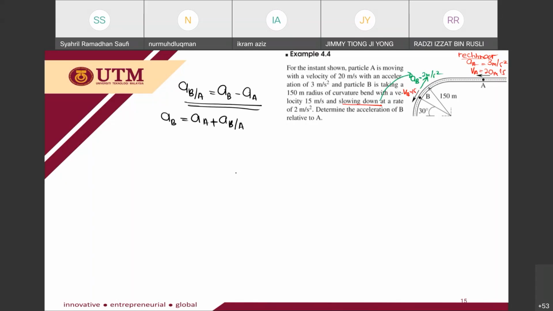Now in this case, for the acceleration, you need to consider the acceleration tangent and acceleration normal.